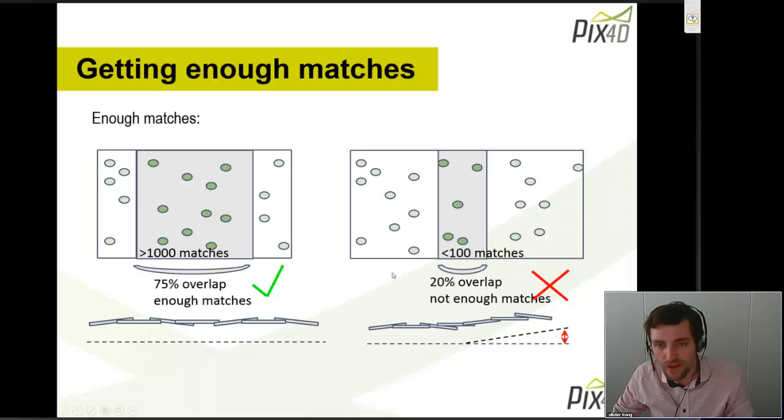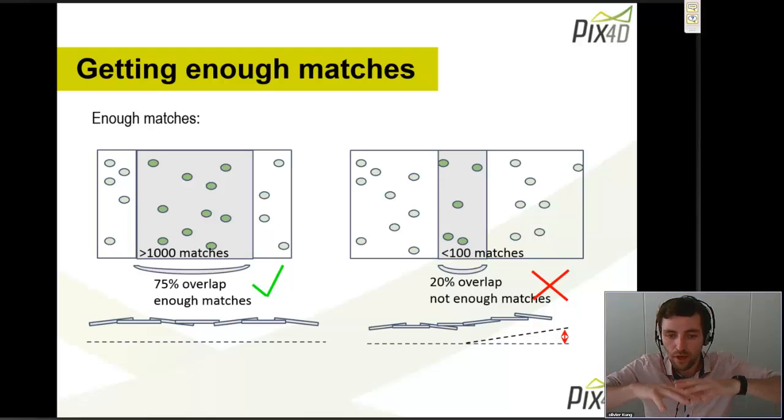And what we found out is that with a consumer-grade camera, a rule of thumb is that if you have on average, at minimum, for each pair of images around 1,000 matches, the error accumulation will be almost insignificant, and the whole project will calibrate, and the accuracy of the whole project will be extremely high.